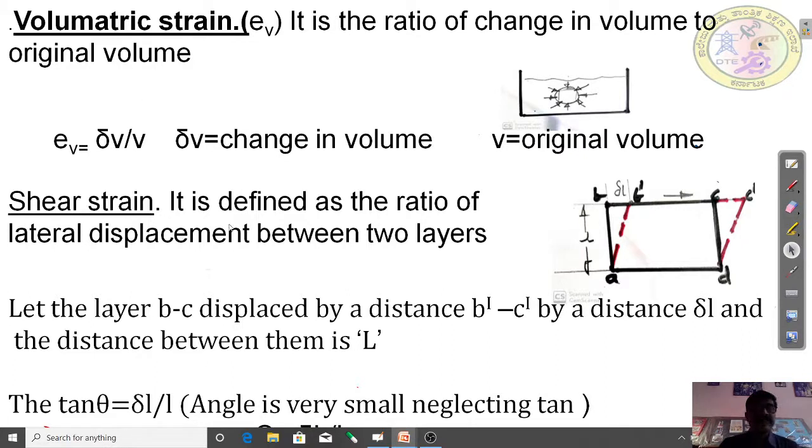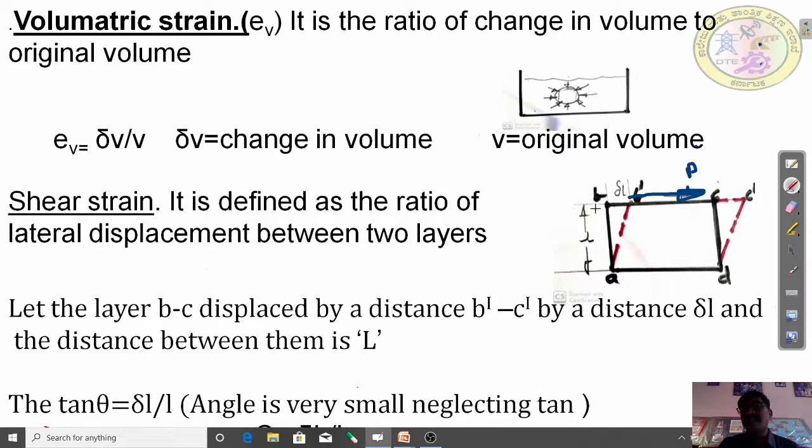Shear strain. Shear strain is defined as the ratio of lateral displacement between two layers. Let us consider a body which is made up of n number of layers. In that, we will consider two layers, that is A, B, C, D of length L, and apply a force P in this direction. When we apply a force P, what happens?